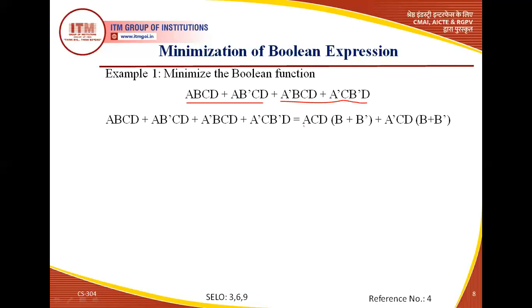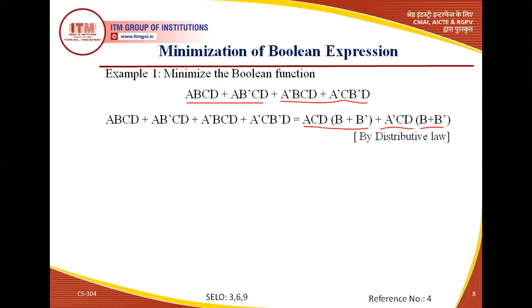Okay, so from the first and second terms we take the common ACD, and in the bracket we get B plus B dash, and from the third and fourth terms we take A dash CD, we get B plus B dash. And this is done by the distributive law. Okay, because we know that in the distributive law, A dot (B plus C) equal to A dot B plus A dot C. By applying the distributive law, we can take the common term from the first and second and the third and fourth terms.